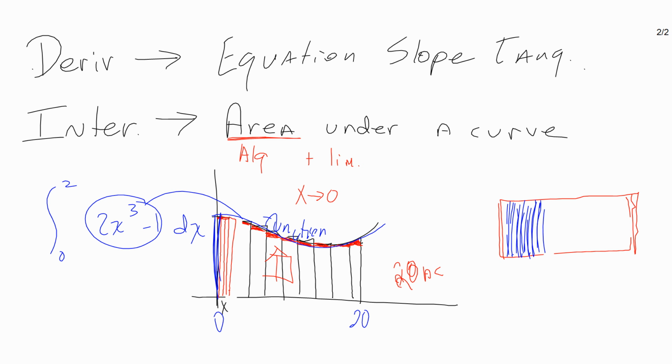We did it this way, the 2x to the third, but we're just filling it in. And you're going from 0 to 20. You're multiplying each one of these by 20 of whatever the antiderivative is, which is those little hairs. That's what they turn out to be, the little rectangles of the width of the hair.